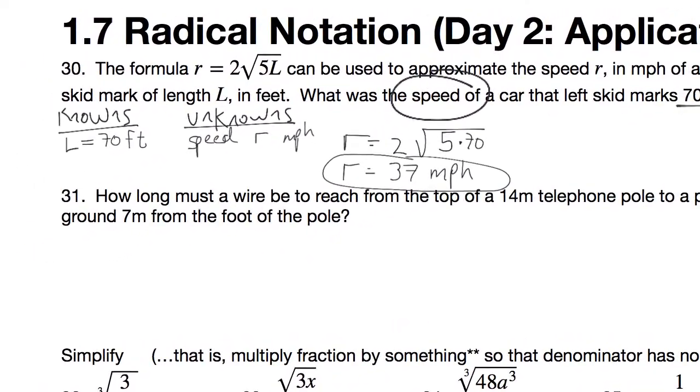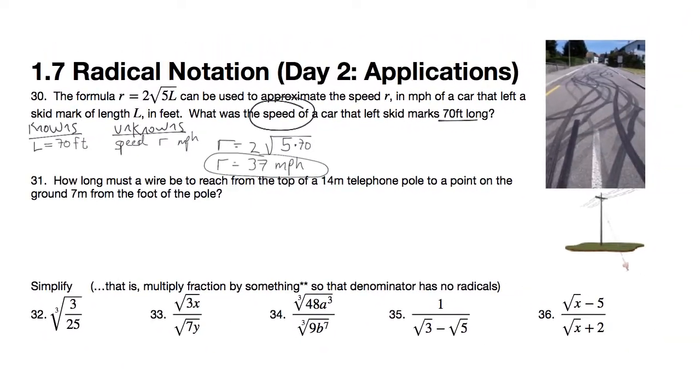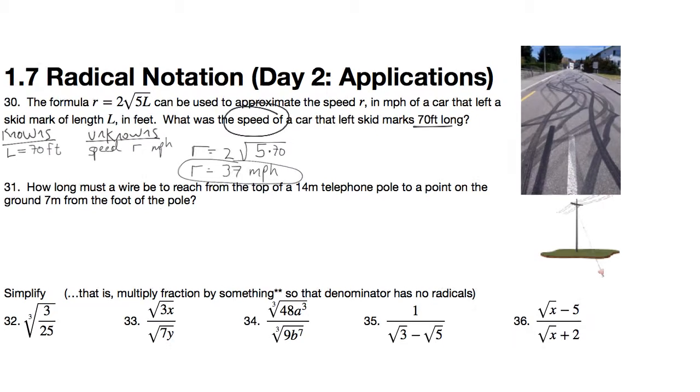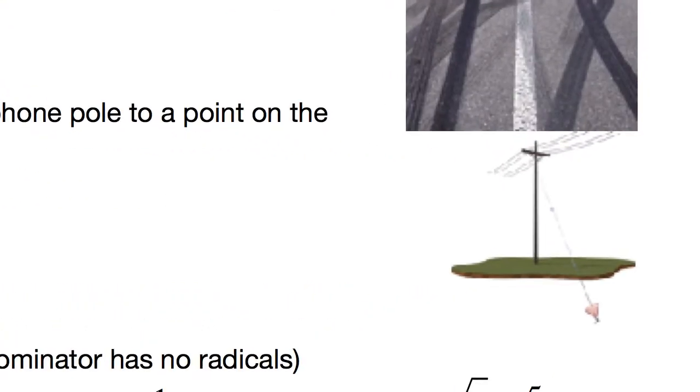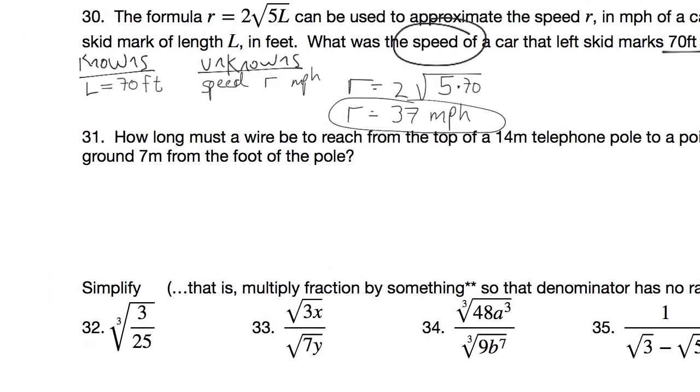Next, how long must a wire be to reach from the top of a 14-meter telephone pole to a point on the ground 7 meters from the pole? Okay, so here's the pole. Oh, this looks like a triangle. Let me draw it out in two dimensions a bit better.